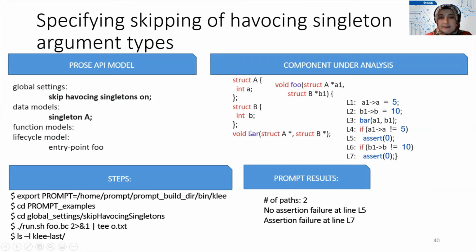So this is about, again, function modeling. When we have, again, an external function, another thing that PROMPT does about the modeling of such function is that it havocs or symbolizes the arguments. This is just to simulate some type of the most abstract side effect that's happening inside the function body that we don't know.